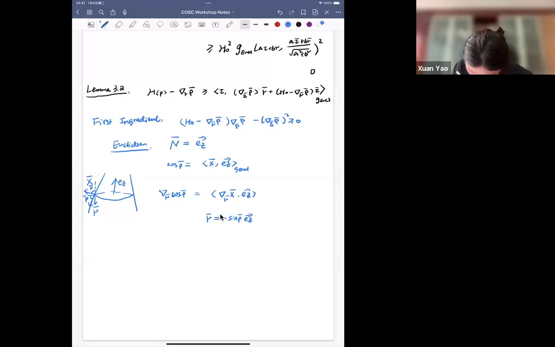Oh, I'm sorry, nu bar is perpendicular to x, I was wrong.